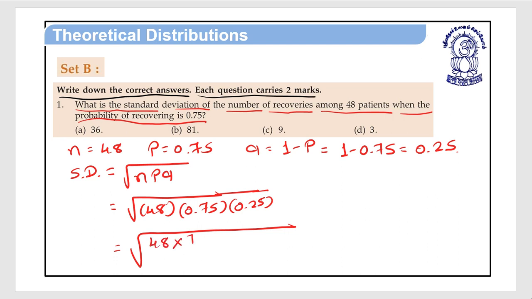48 into 75 by 100, 25 by 100. 25 4s are 100, 25 3s are 75. 4 3s are 12, 3 3s are 9. Under root 9 is equal to 3.